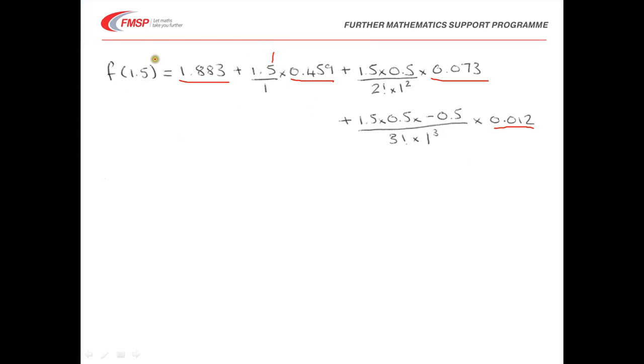This value is x minus x0, so 1.5 minus 0. That's the same, and then that's x minus x1, so 1.5 minus 1. Okay, those two turn up again, and then x minus x2, and that's 1.5 minus 2, so negative 0.5.